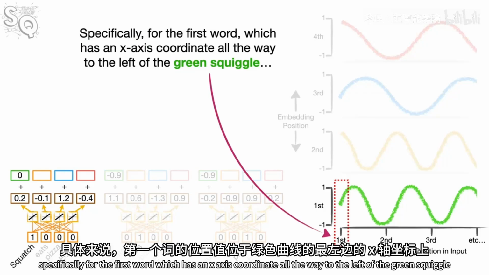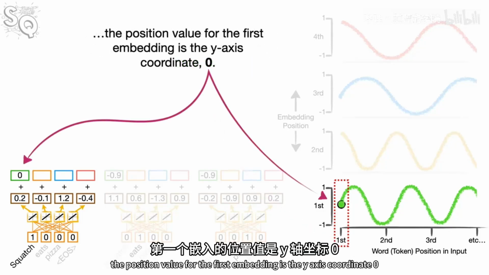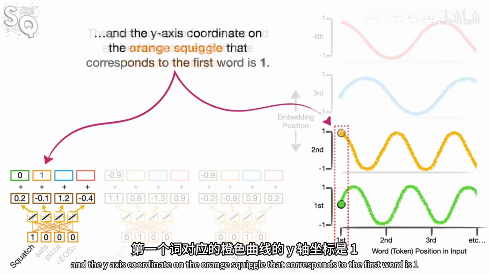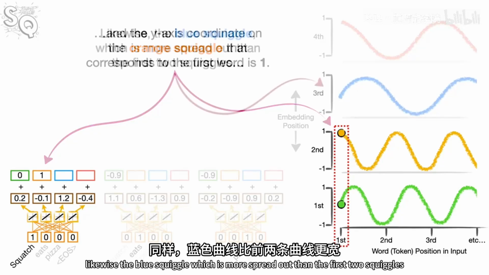Specifically, for the first word, which has an x-axis coordinate all the way to the left of the green squiggle, the position value for the first embedding is the y-axis coordinate 0. The position value for the second embedding comes from the orange squiggle, and the y-axis coordinate on the orange squiggle that corresponds to the first word is 1.